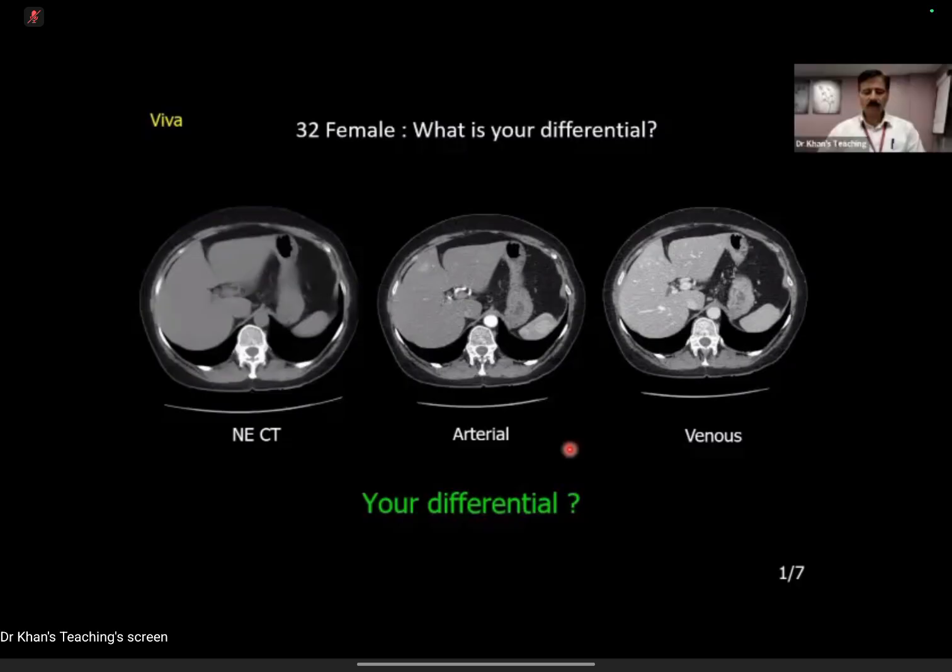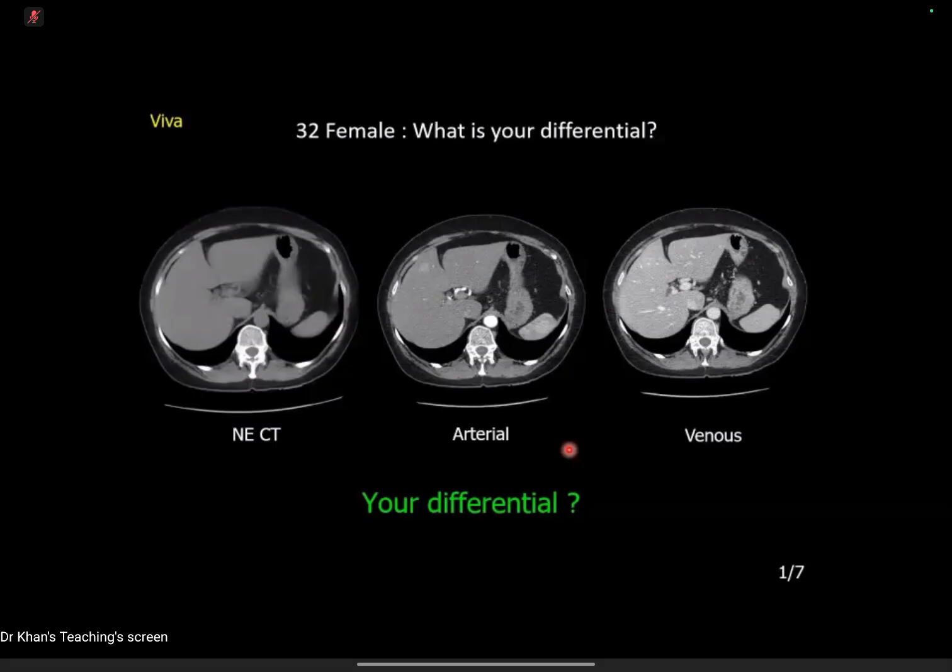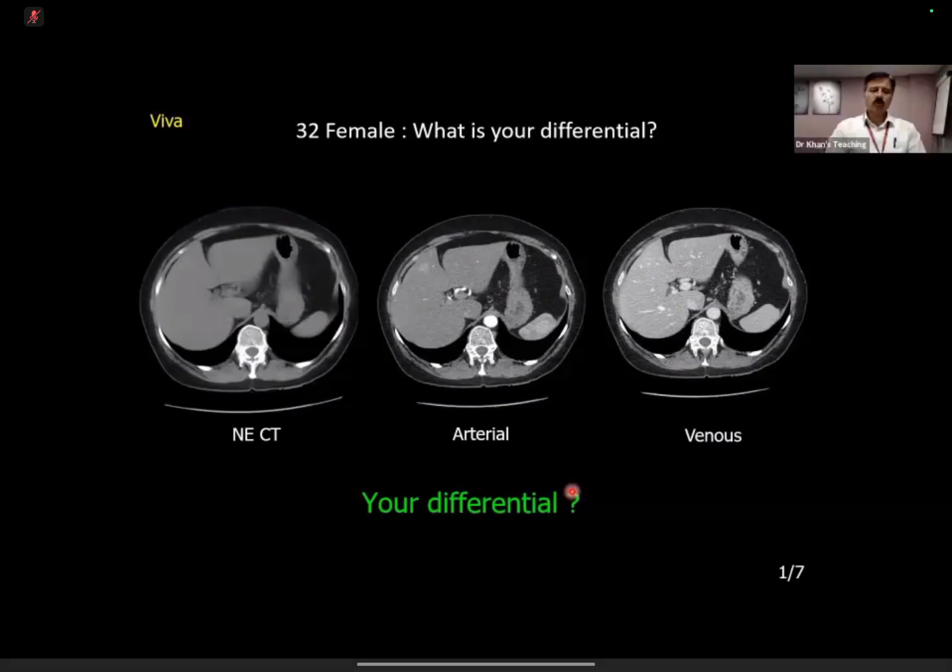So coming back to hemangiomas, do you expect hemangiomas to enhance completely on arterial phase? No, they show nodular centripetal enhancement, and then they progressively fill in. So yeah, on the delayed, they would have filled in nicely. So is there a type of hemangioma which enhances completely on arterial phase?